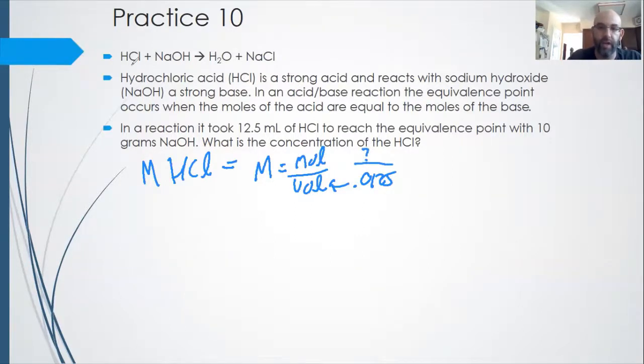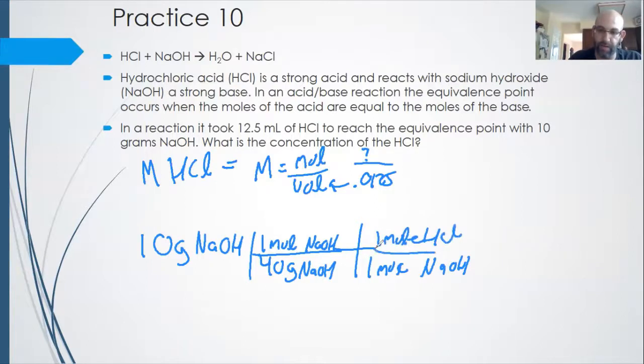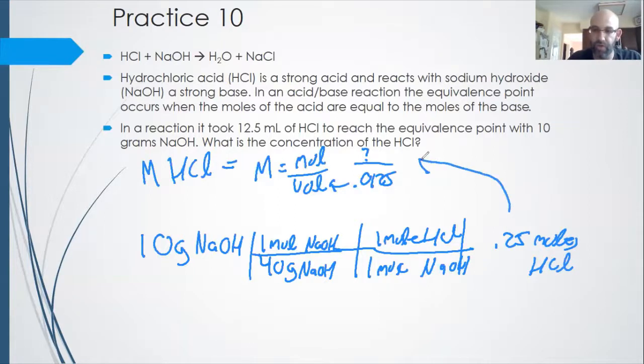However, we don't know moles of HCl, but we can get there from moles of NaOH. So that's what we're going to do. We have 10 grams of sodium hydroxide. The molar mass of sodium hydroxide is 40 grams. Okay. According to the ratio, for every 1 mole of sodium hydroxide, we get 1 mole of HCl. So that's 0.25 moles of HCl. Now we can plug that right up there.